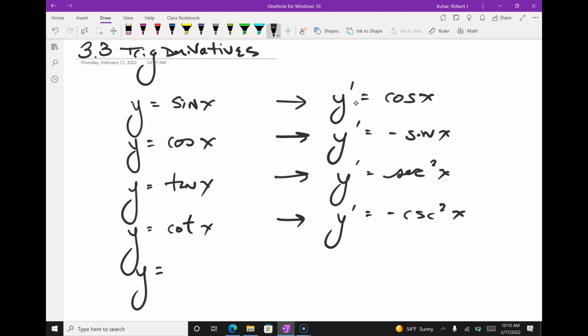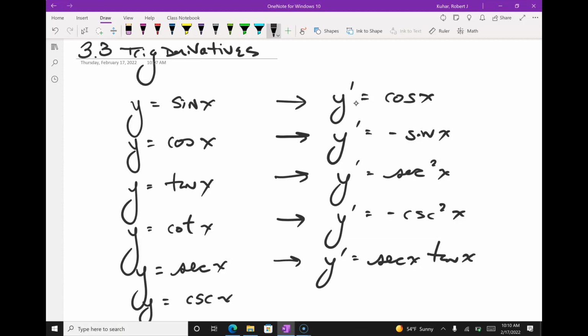If y equals secant of x, y prime is secant x tan x. And if y equals cosecant of x, y prime equals minus cosecant cotangent.